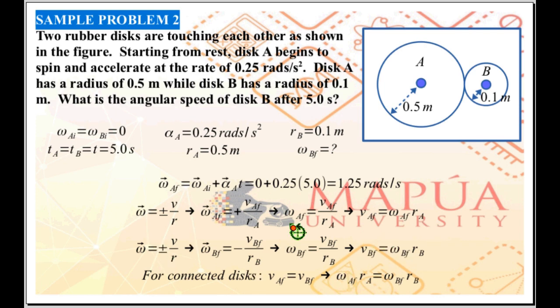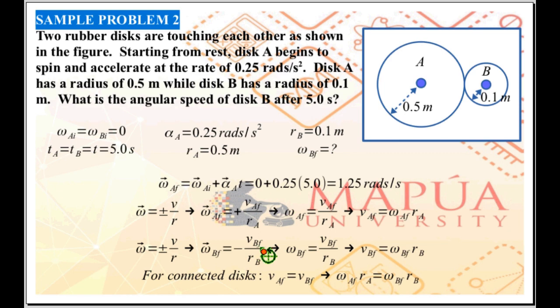Doing the same thing for disk B, omega is equal to plus minus V over R. That means omega B final is equal to negative VB final over RB. Negative because B is moving in the clockwise direction according to our assumption.